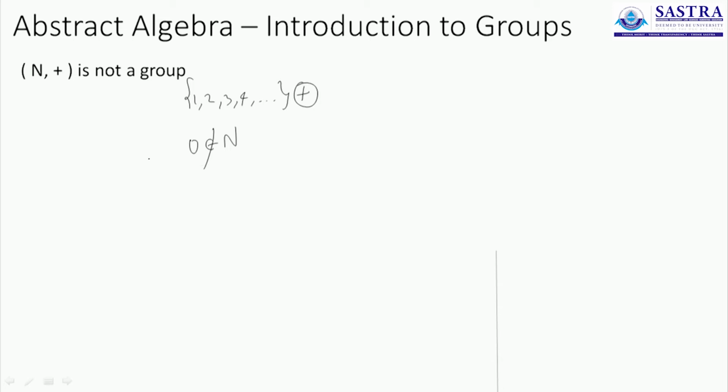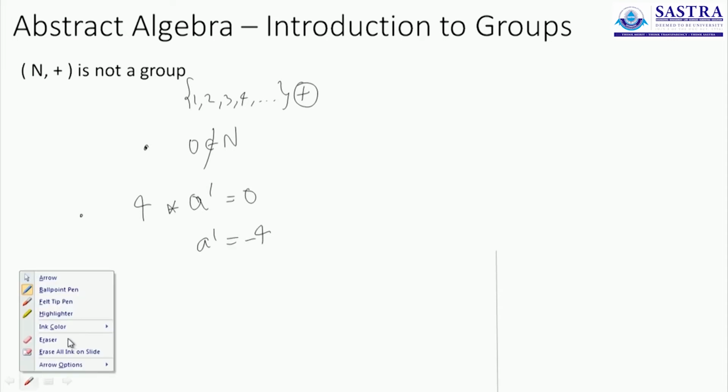And therefore it cannot form a group. However, it is interesting to check whether elements will have their own inverses. It turns out that there is no element which has an inverse, because let's pick 4. 4 will have an inverse in some element that will give us 0 back. We don't have 0, that's a problem, but this number is supposed to be minus 4, because only when you add 4 and minus 4 do you get 0.